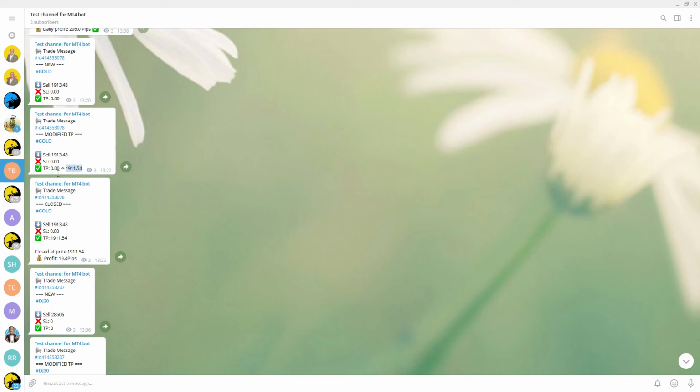And the next message down is again obviously the same ID, so we know it's all related to this one gold trade. And importantly, it says closed here, so we know that this trade message is a message that is closing this trade ID here.